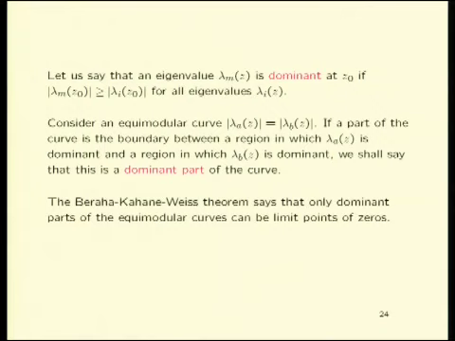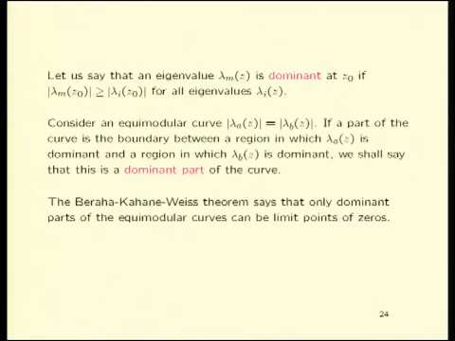this was discussed. So at any point there will be so many eigenvalues and one of them is going to be dominant. I have to say this is a simplified presentation. I'll tell you why in about 5 minutes' time. So we look at an equimodular curve where 2 eigenvalues, say λ_a and λ_b, are equal in modulus, and if we're looking at a part where we have a dominant eigenvalue, we'll say that's dominant.